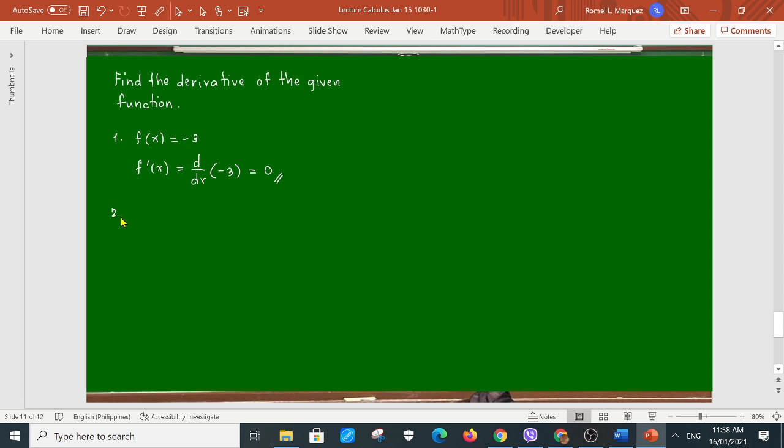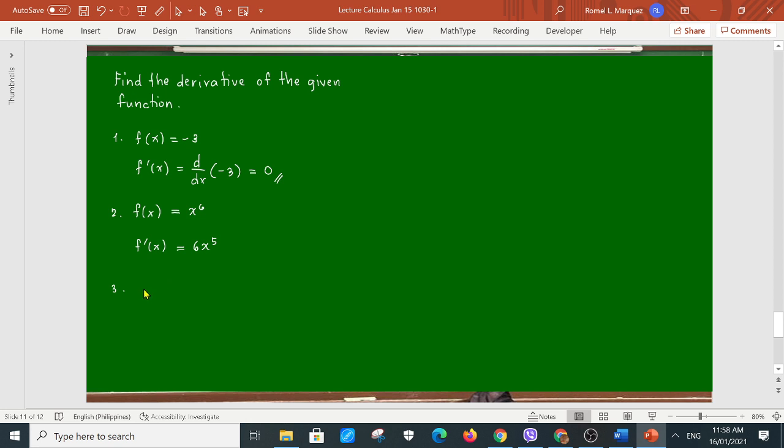Number 2, if I have f of x equals, for instance, 3x to the 6. What is f prime of x? Drop the exponent, copy the base, subtract 1 from the exponent.